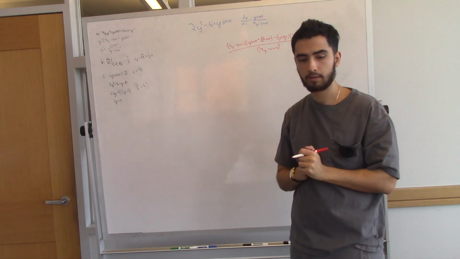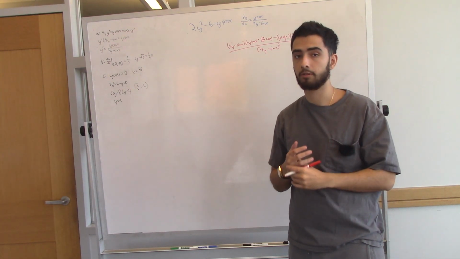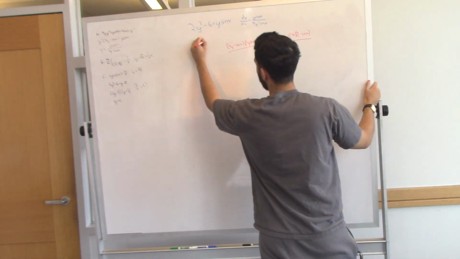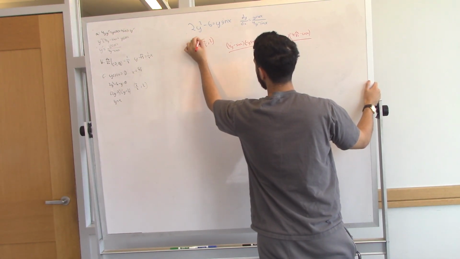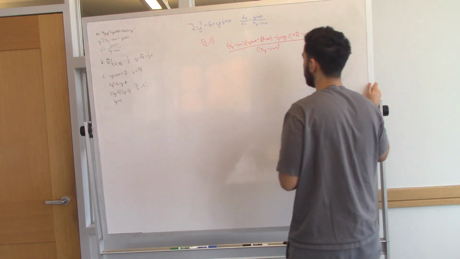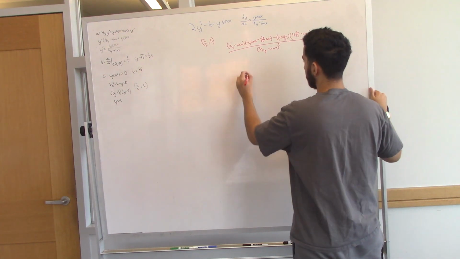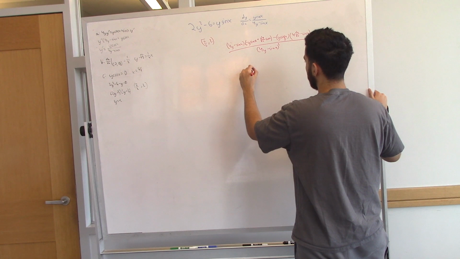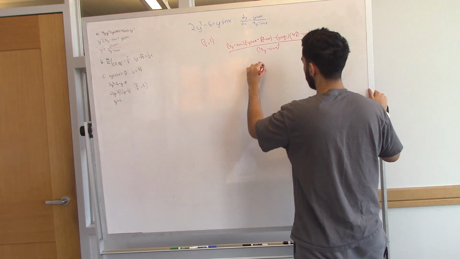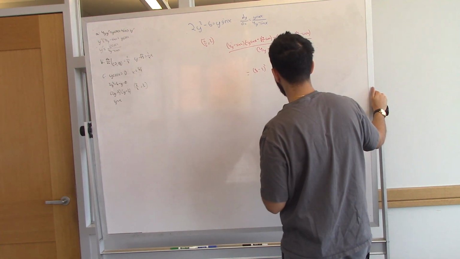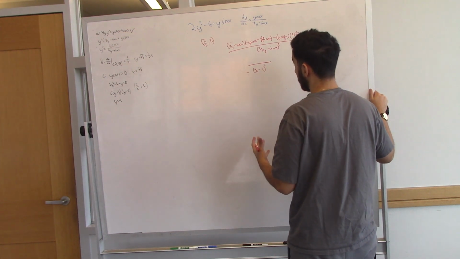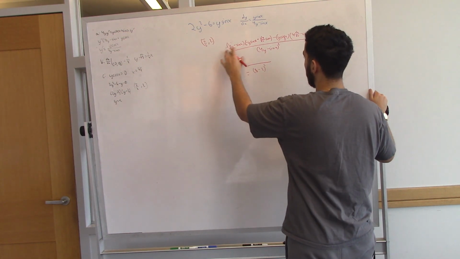Okay, so now comes the very annoying part of plugging stuff in. Right, so again, this is at pi over 2 comma 2. Okay? So let's just knock out the bottom first. Let's see what we get. We're going to get 8 minus 1 quantity squared. Now the top is going to be annoying because we're going to have 4y minus sine x.